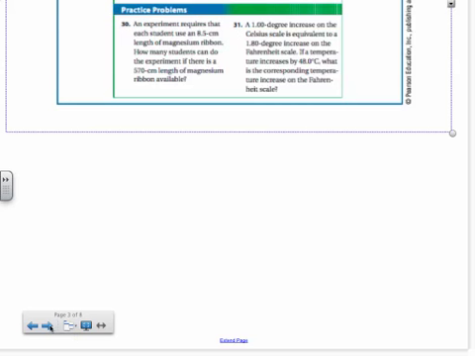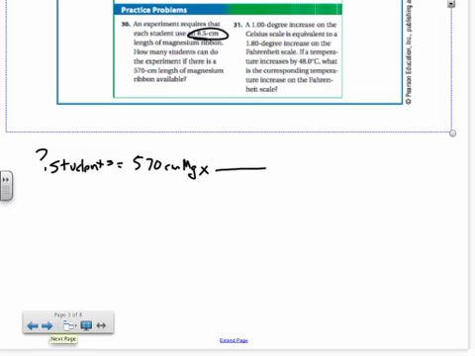Problem 30. An experiment requires that each student use an 8.5 centimeter length of magnesium ribbon. How many students can do the experiment if there is 570 centimeter length of magnesium ribbon? So what we're trying to find is students, and we have 570 centimeters of magnesium. What we do know is that it takes 8.5 centimeters per student.